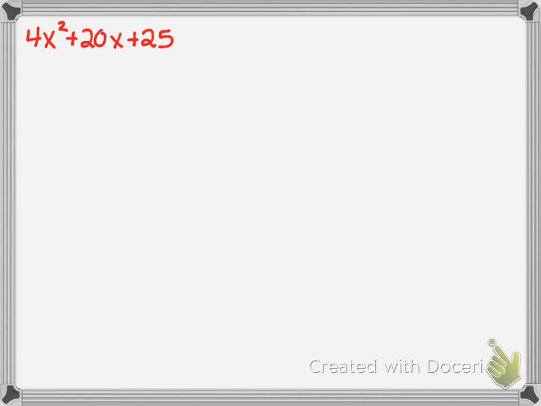So that means, in my little formula, in this a squared plus 2ab plus b squared formula, if I take the square root of 4x squared, I get 2x. This is kind of like that a value.